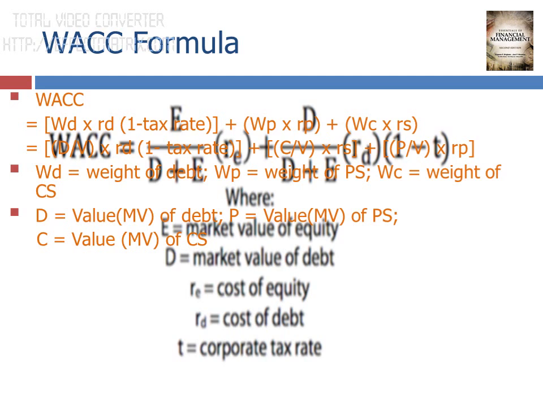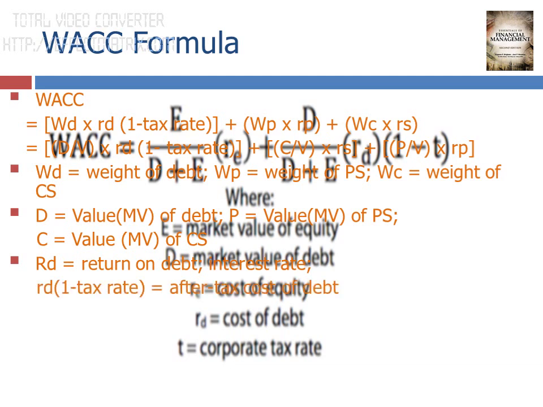And for the letters, D is for the market value of debt, P for the preferred stock, C common stock, and V is for the total value. Then RD is the interest rate for the debt. You apply tax, so the after-tax cost of debt is times 1 minus tax rate.